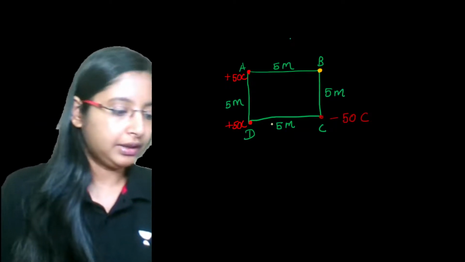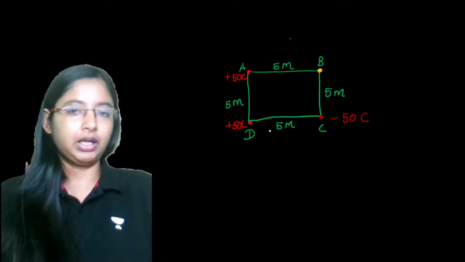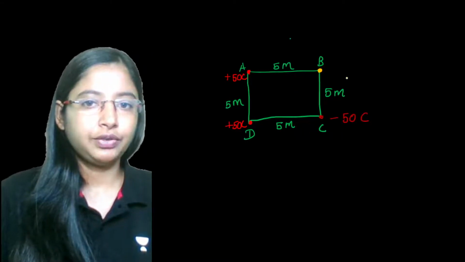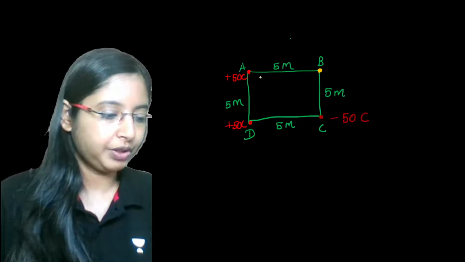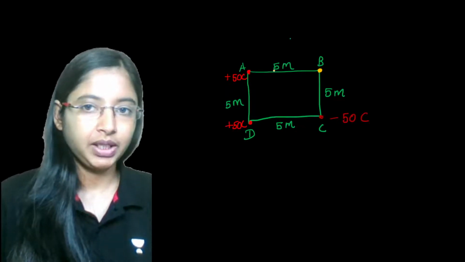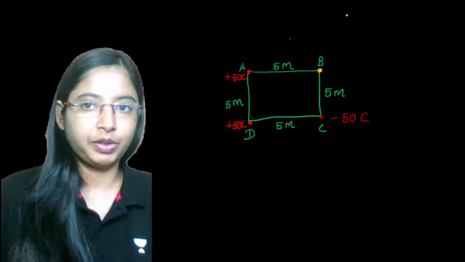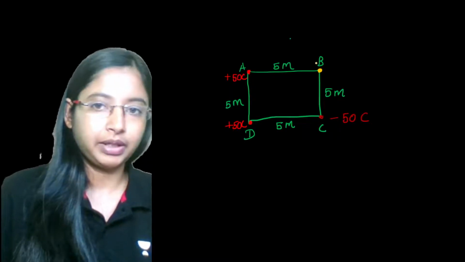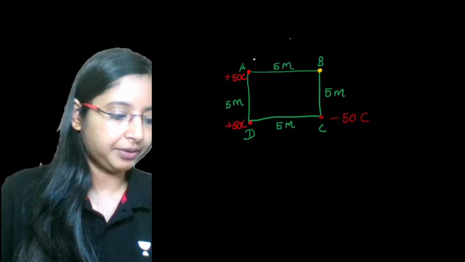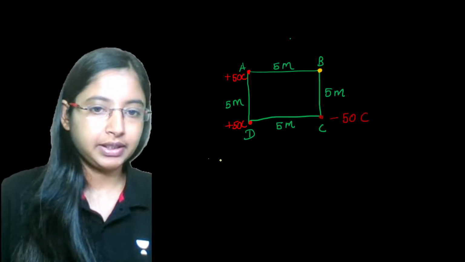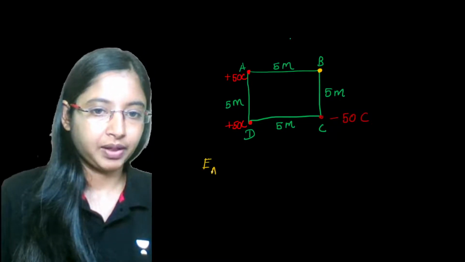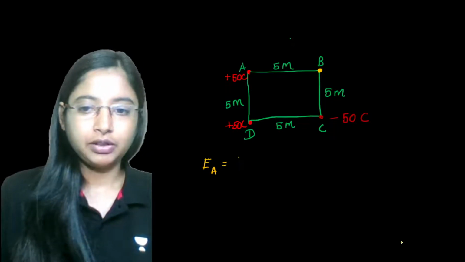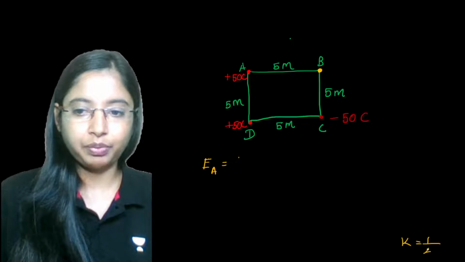So, electric field. Let's do the easy one first. Let's find the electric field at B because of charge A, and take that as EA. The electric field is given by K Q divided by R square, where K is 1 by 4 pi epsilon naught.